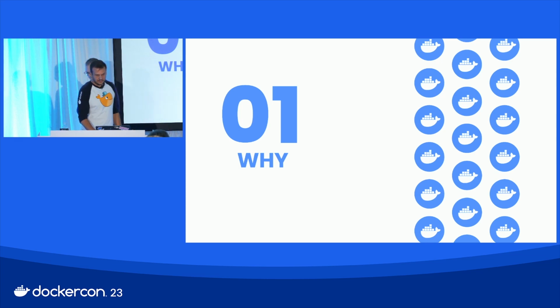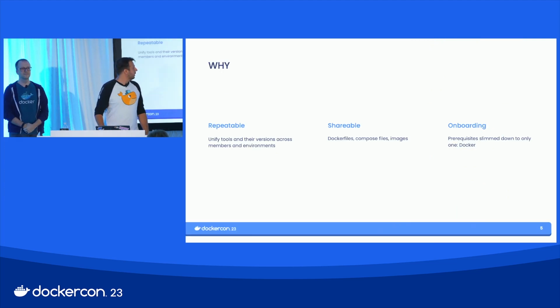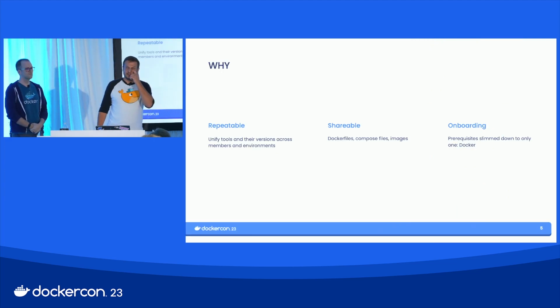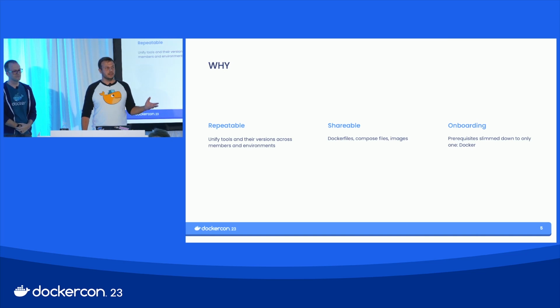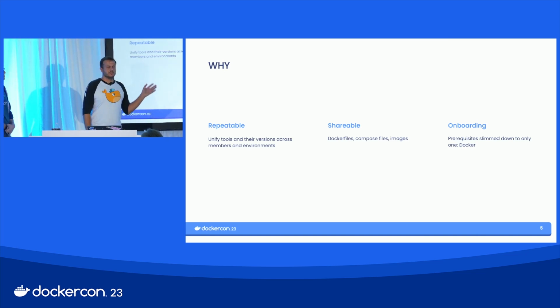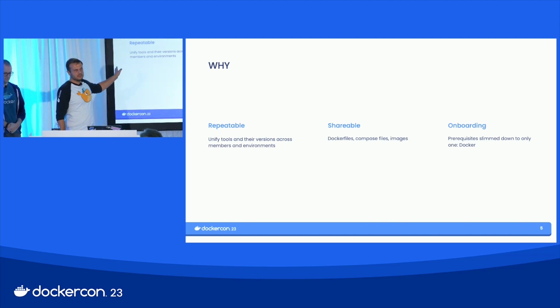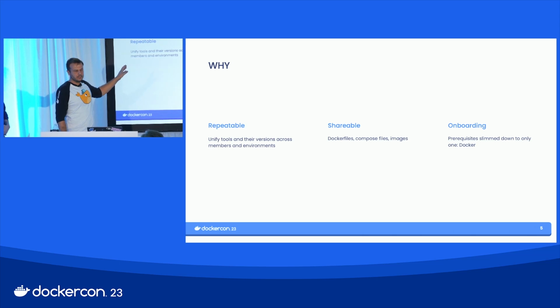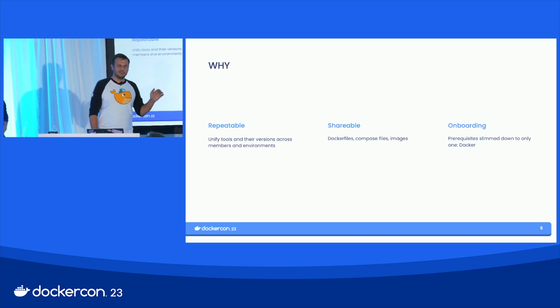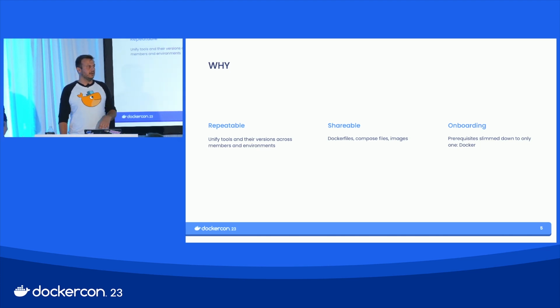Yeah, thanks, Forrest. So yeah, why should we Dockerize our development environment? So we put up some of the things that Dockerizing gives you. So the first one is if you Dockerize your environment, it can be repeatable. I used to put here reproducible, but reproducibility is hard to pronounce, and also it's a hard thing to do well.